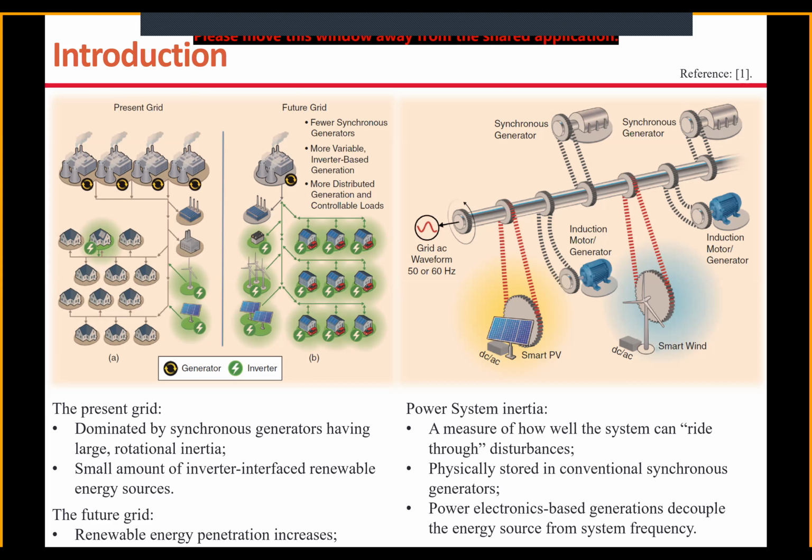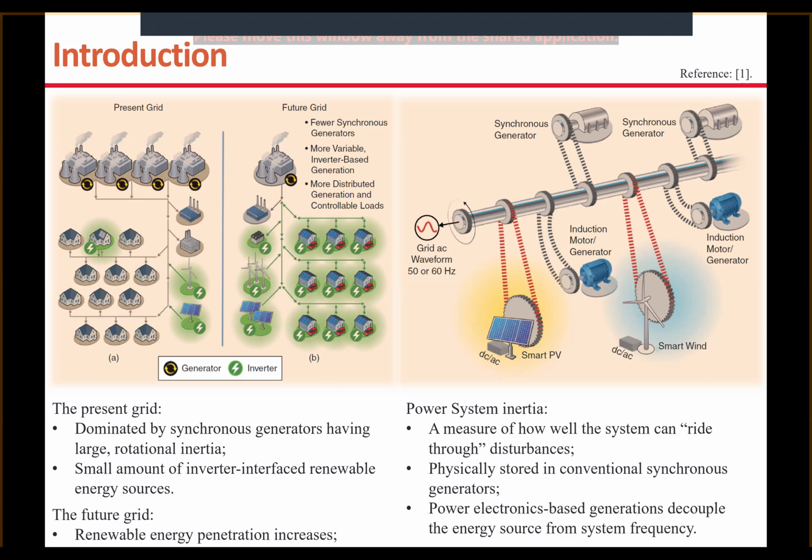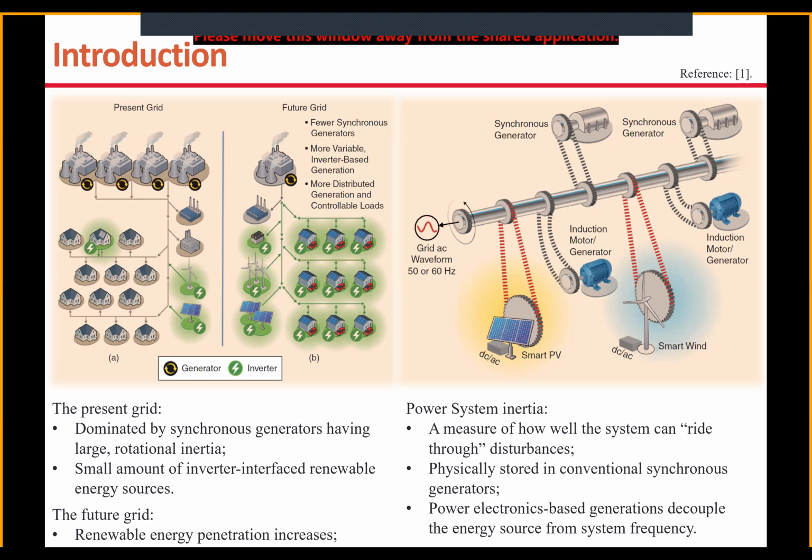But for wind turbine and solar, we do not have a direct coupling. Instead, the power generation from the solar and the wind is decoupled from the frequency of the power grid, right? So that's the difference.